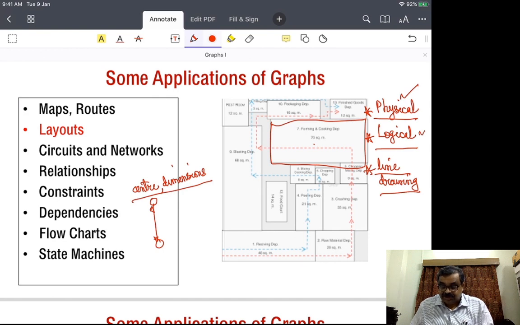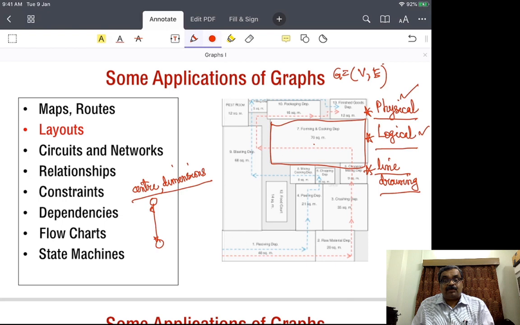Let us come to a logical representation. Now in a logical representation, we have not physically laid out the rectangles. We only want the logical relationships that must hold when we physically lay out the rectangles. So here again, in this graph GVE of logical layout, V will be again the set of rectangles.